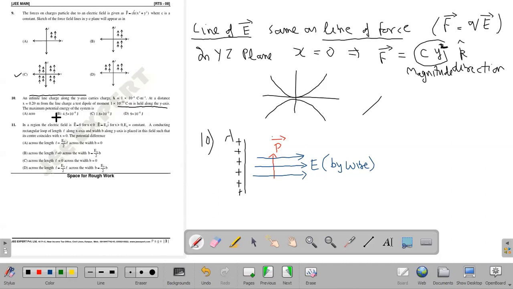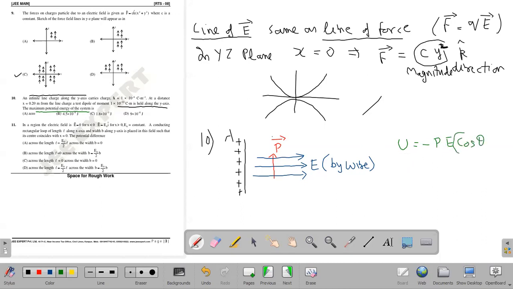Now we have to solve for the maximum potential energy of the system. What can be the maximum potential energy for the system? Remember, this orientation is not the orientation of maximum potential energy, because a dipole experiences a potential energy in an external electric field by the relation minus P E cos theta.